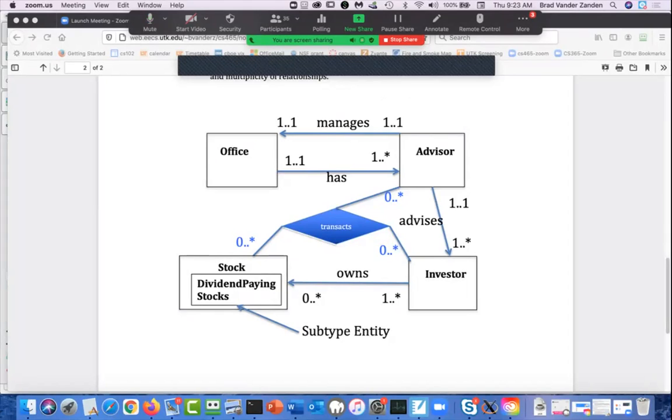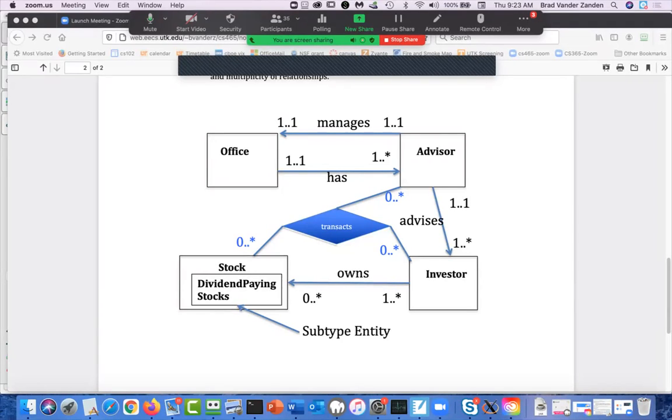I would certainly not hold you to that on a test or a homework assignment, but I was just showing you that this is one example where you might say that a dividend paying stock is a subtype of a stock, because not all stocks pay dividends. So you might very well just have dividend be an attribute of a stock and it's allowed to be null. And if it's null, that means it doesn't pay a dividend.